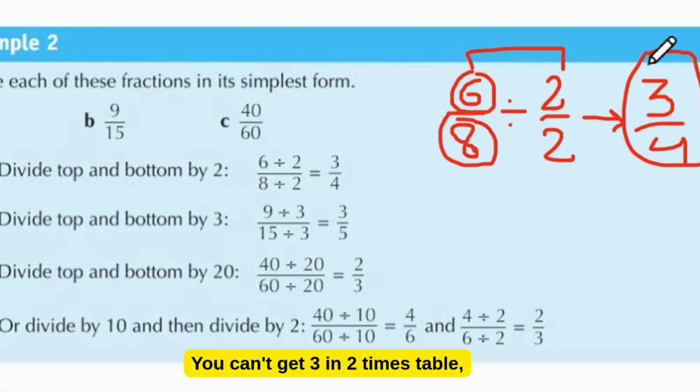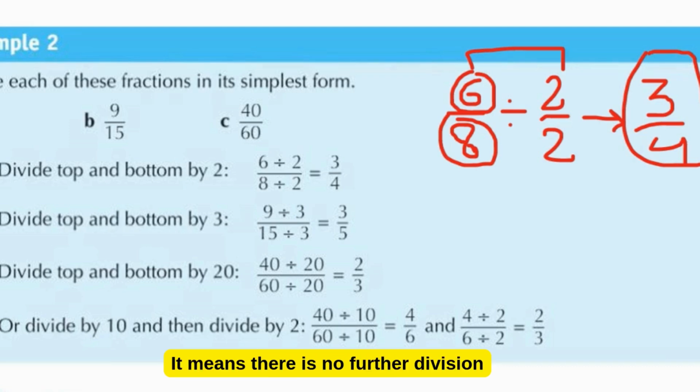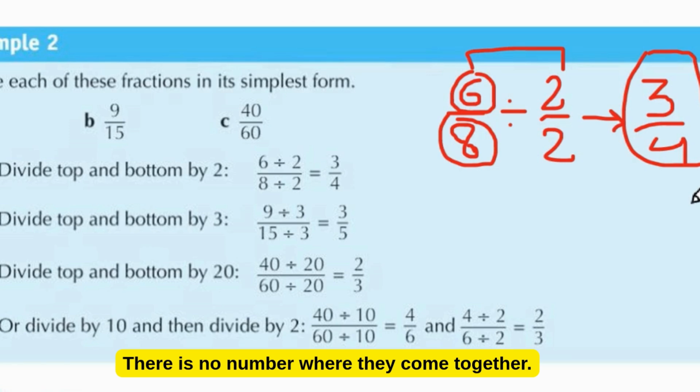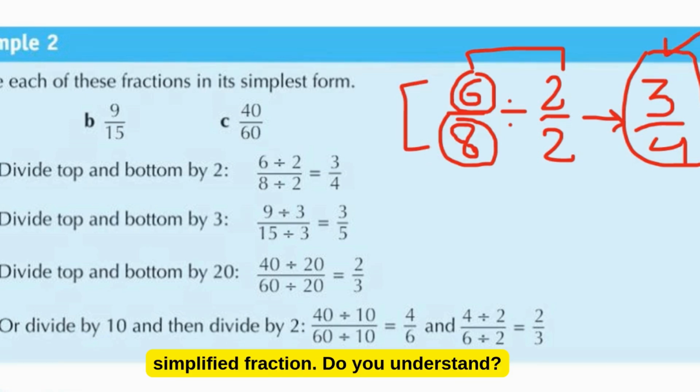We can't get 3 in the 2 times table, okay? So there is no further division, because there is no number except 1 where 3 and 4 come together in that multiples table. The way 6 and 8 were coming in the 2 times table. So it means 3 by 4 is the simplified fraction.